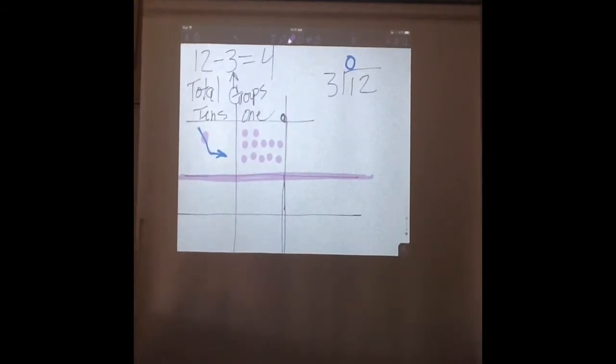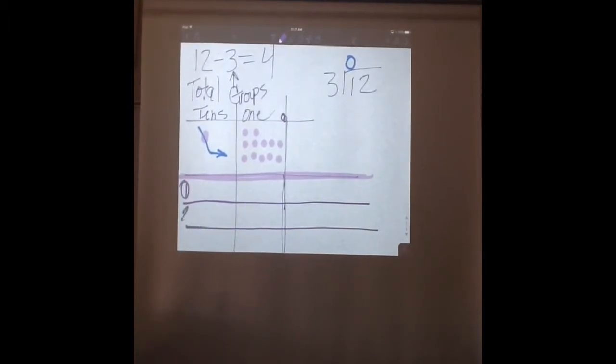Okay. So what I think I should do is I think I'm going to change my group slightly. Okay? And the reason why is it'll be easier for you guys to see, I think. Okay, so this is group 1, group 2, right? And how many groups do we have? 3.